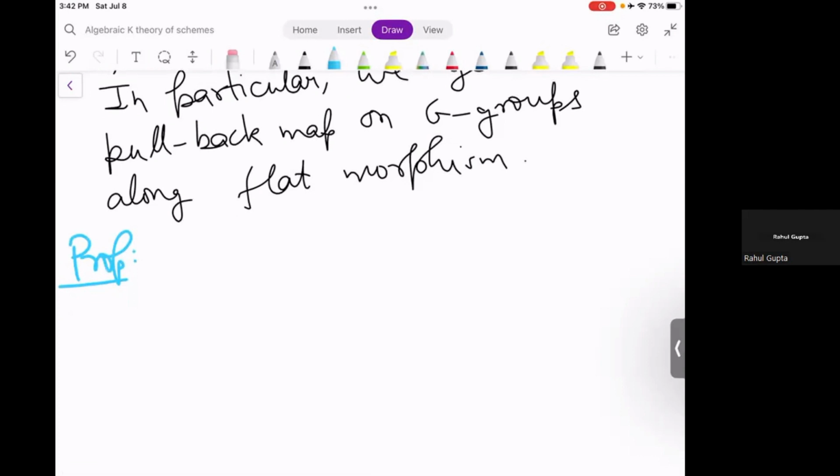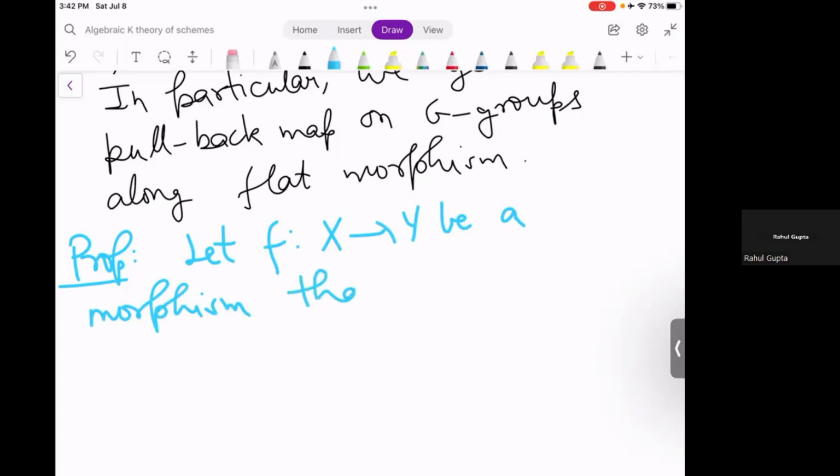So let me write it and then we'll justify that. Let f from X to Y be a morphism that has finite Tor dimension.